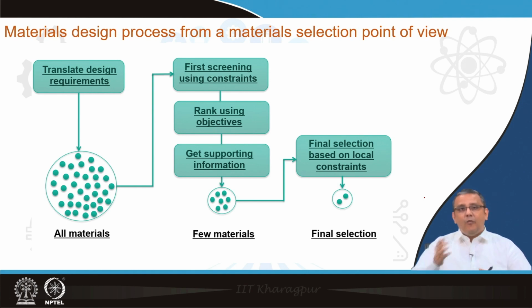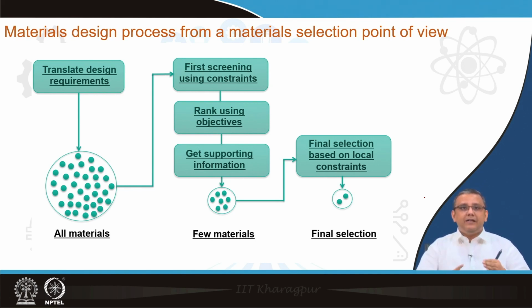Once you have identified the design requirements in the previous product development stage, these are transferred to the materials selection stage, and at this stage all the materials should be considered. You do not want to lose any particular material at this initial stage, because if you reject one material, it might be the best material afterward. So, you do not want to reject any material at this point.